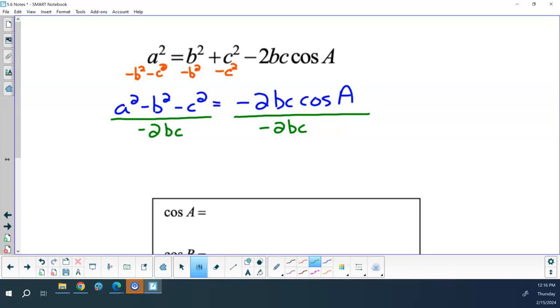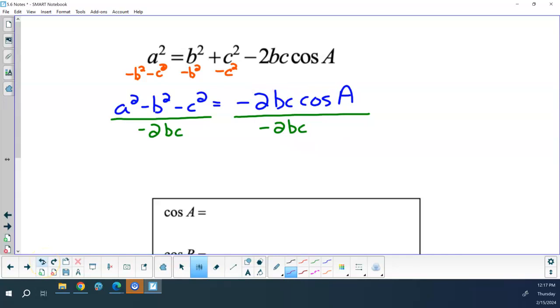Okay? Over here on this side, because they're all being multiplied, yes, this negative 2 cancels out. Yes, this b cancels out. Yes, this c cancels out. Yes, on that side to all three of those. But on the left side, none of those can cancel out.